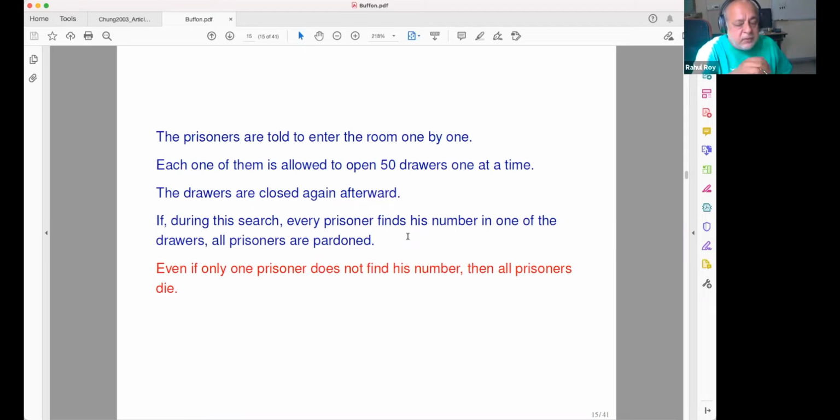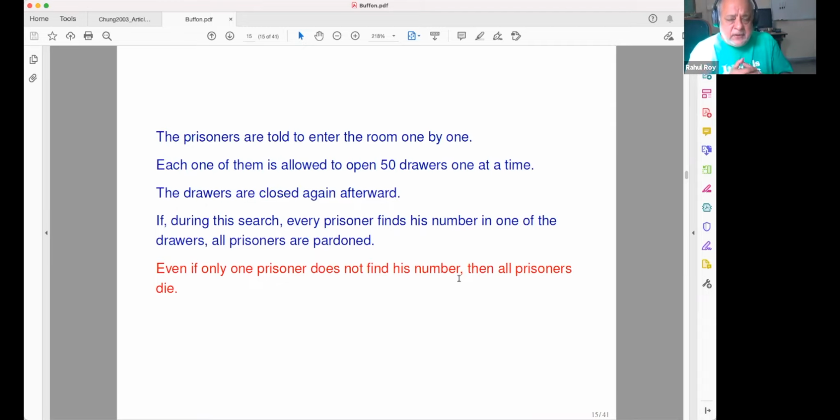Prisoner number 2, if he also does it, then it's successful, etc. But each and every one of the 100 prisoners will have to be successful for the warden to pardon them. So even if only one prisoner does not find his number, then all prisoners are hung. Then all prisoners die. Okay, so each and every one of the 100 prisoners will have to find his or her own number.